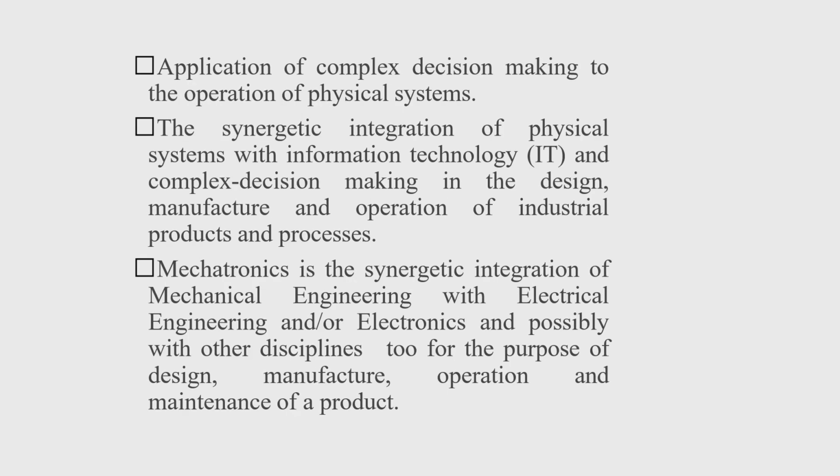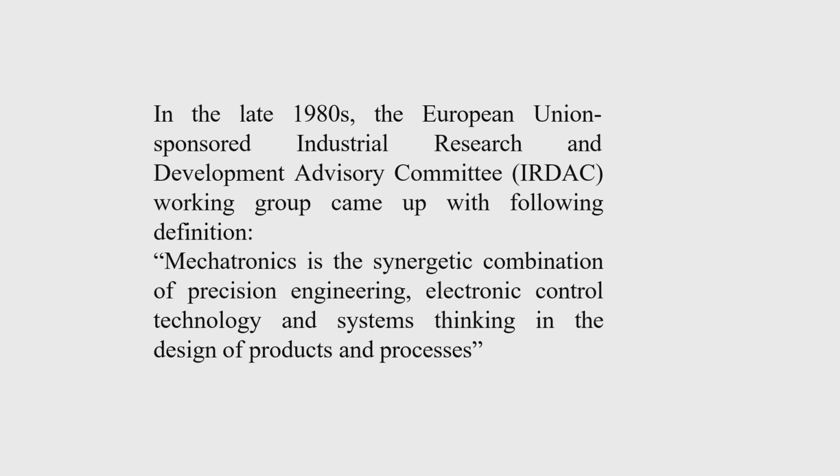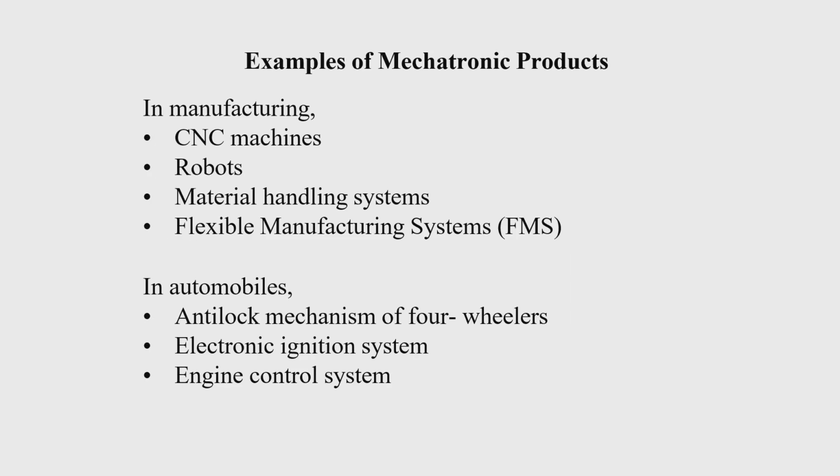We can also define mechatronics as the synergetic combination of precision engineering, electronic control technology and systems thinking in the design of products and processes. So it is synergetic, meaning mechanical and electrical etc. go together, and therefore IoT becomes a part of that type of mechatronic thing. You have precision engineering, electronic control, and systems thinking.